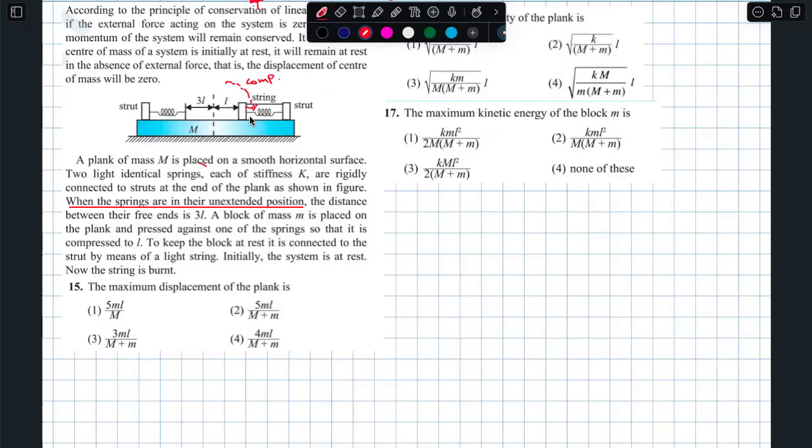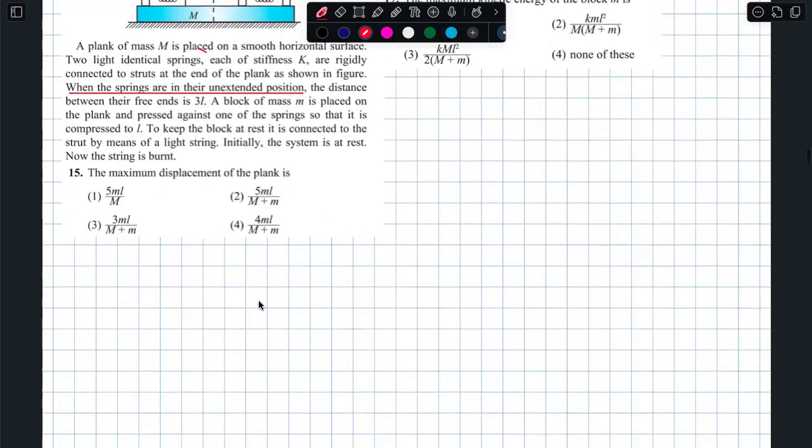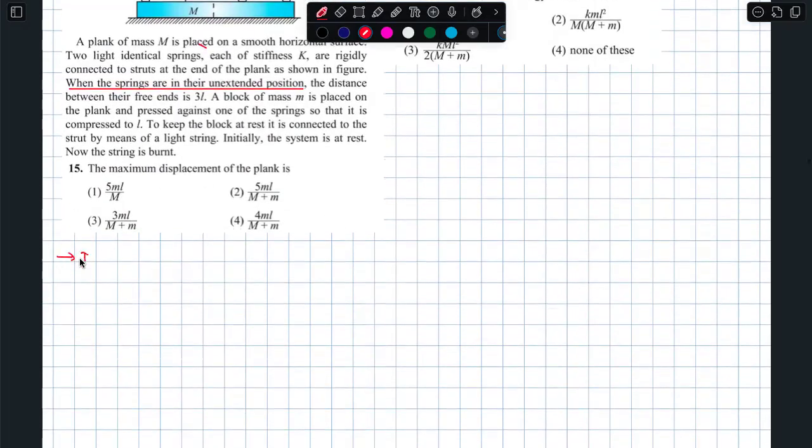Once the spring attains relaxed length, it is free. My question is, in the entire process, the velocity of the center of mass is 0. Agreed? Why? No external force.